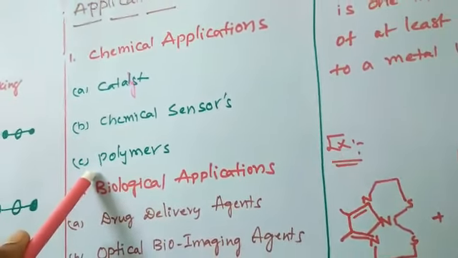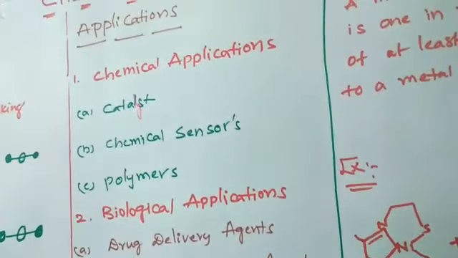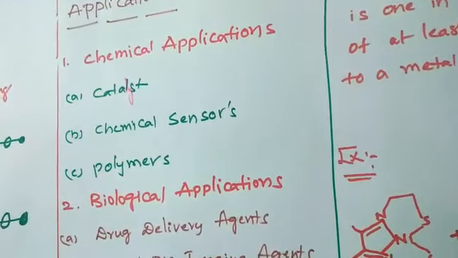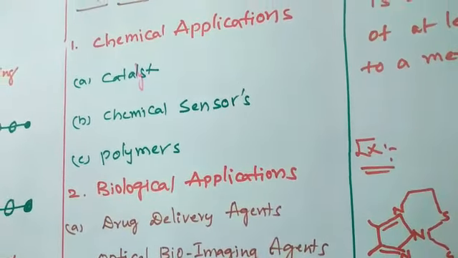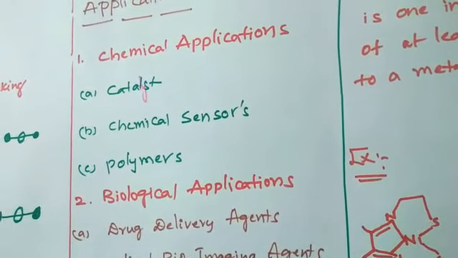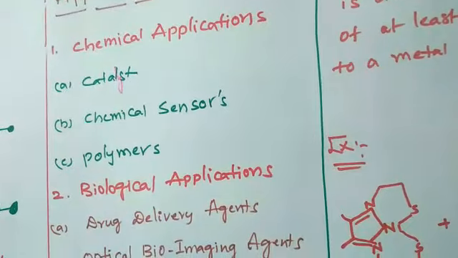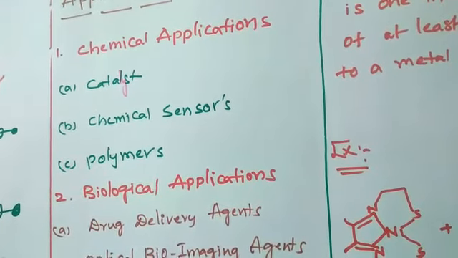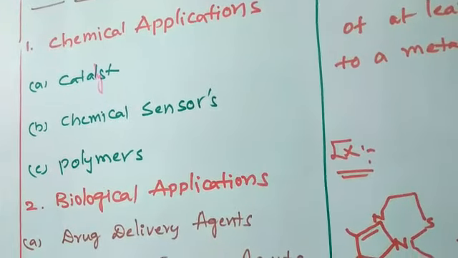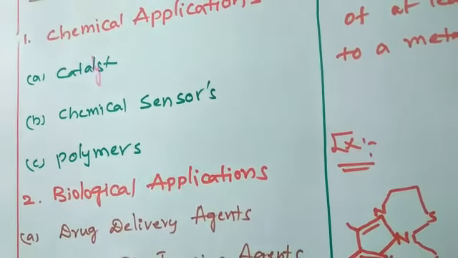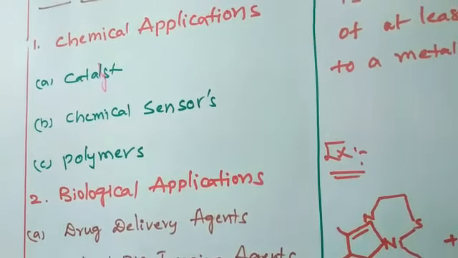Another important application is polymers. Rotaxanes can be used as polymers, and they act as polymer compositions. The crystallization of polyethylene oxide catenane polymer is slower than that of common polyethylene.